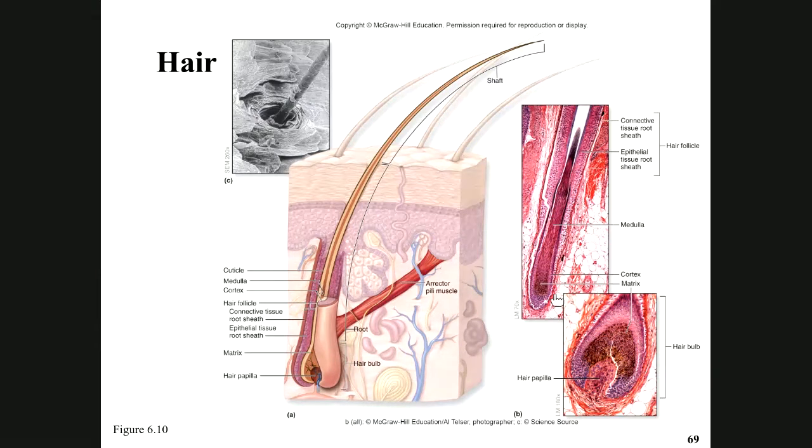Just the palm of our hand, the sole of our feet, and also the lateral sides of our feet, toes and fingers don't have hair. We don't have hair on our lips, and we don't have hair on some parts of the genitalia. The hair has different types, and the distribution of hair is different in different parts of our body.